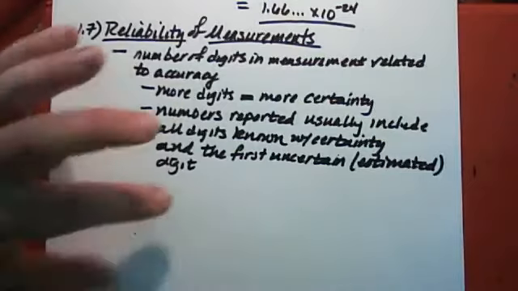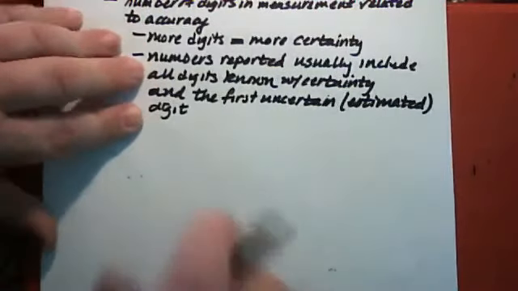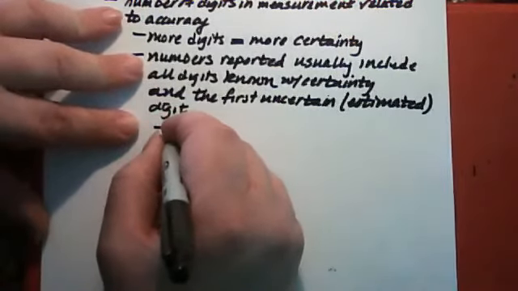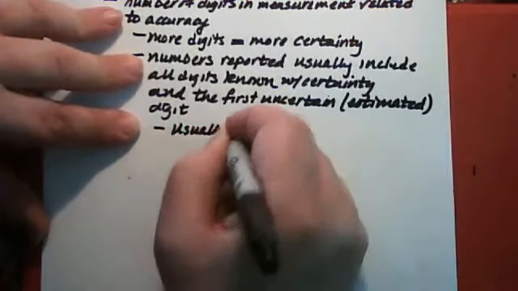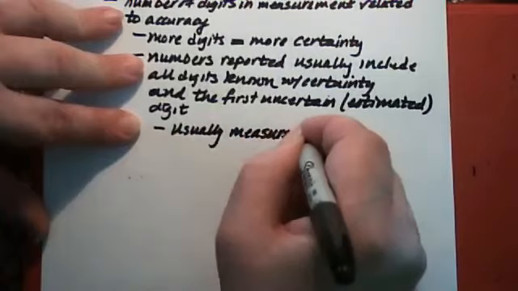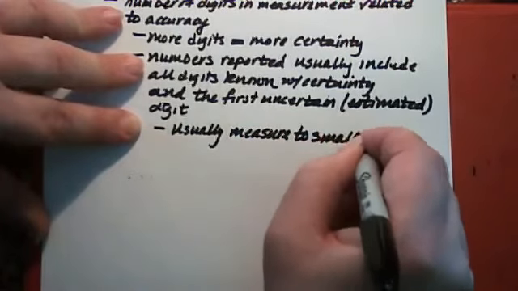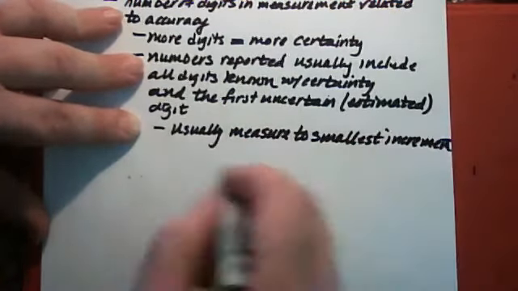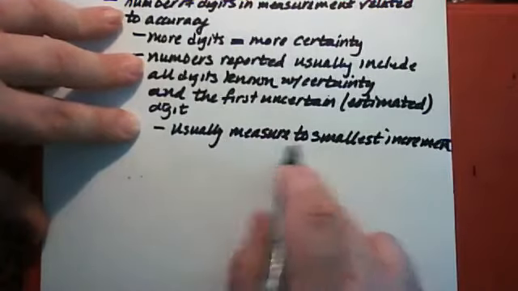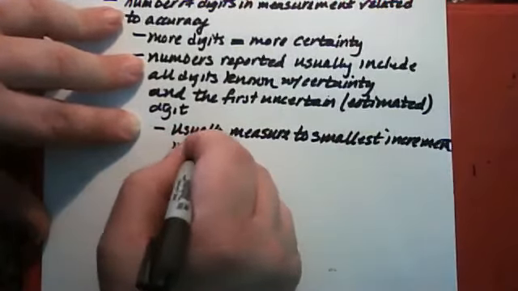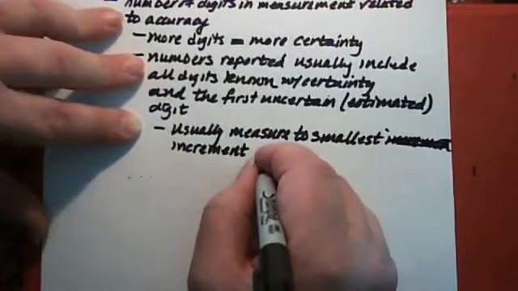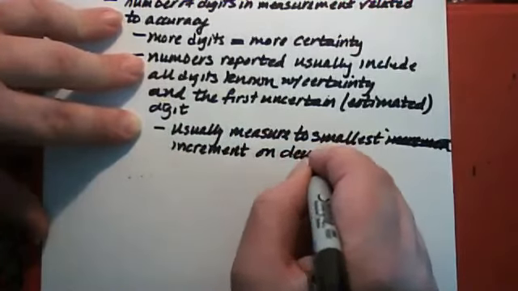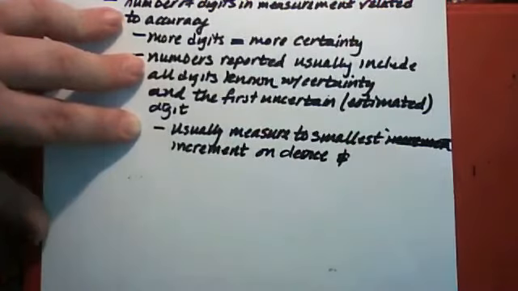And the first uncertain digit is uncertain because that would be a digit in which you've estimated. And so what we usually do is we measure to the smallest increment on the measuring device, and estimate one place beyond that.